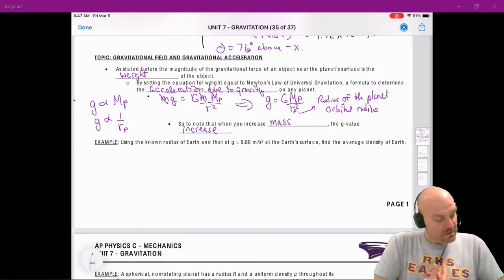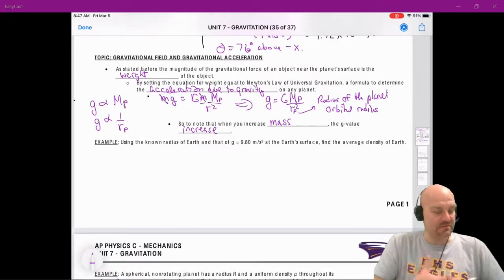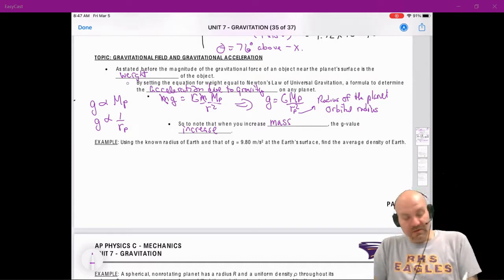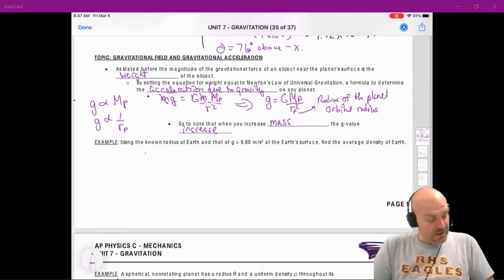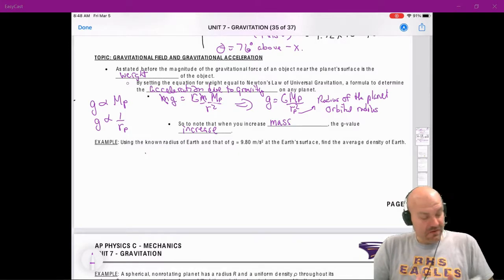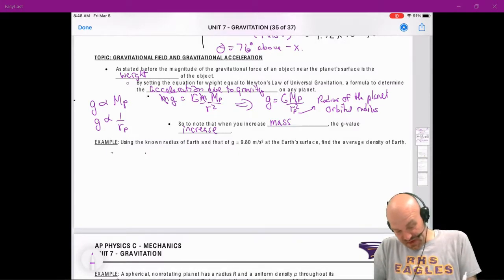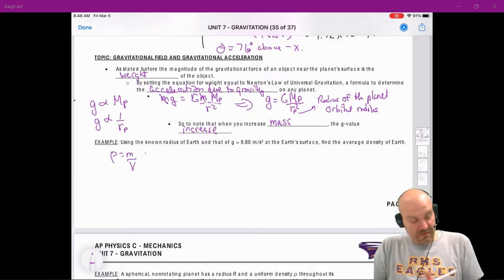Okay. So this question says, using the known radius of Earth and that of g equal to 9.80 meters per second squared at the Earth's surface, find the average density of Earth. So these are the type of questions that can be asked now, right? And so what we need to do is set up an equation. We know the density is going to be mass over volume, okay?